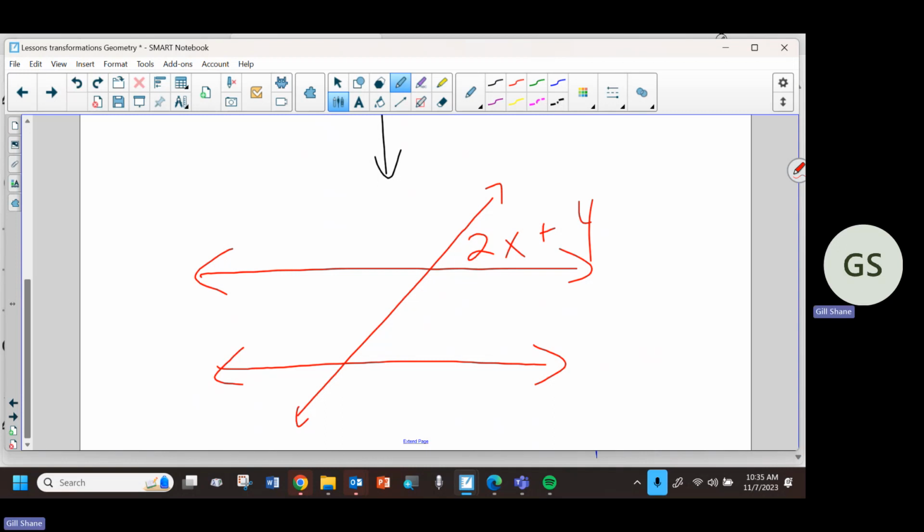And again, for the one that was easier, if that's 130, do those look like they're the same size, those angles? Not even close, right? This is less than 90. That is more than 90. So if they're not equal, there's only one other option: 130 plus 2x plus 4.